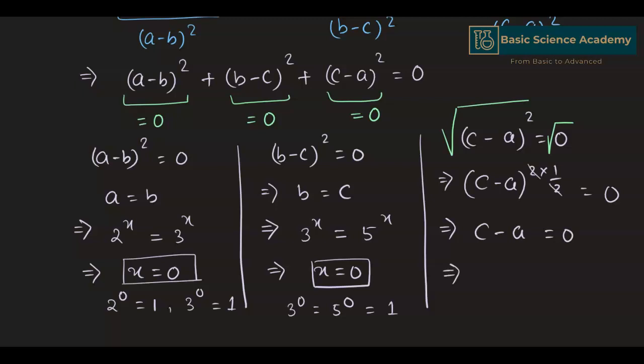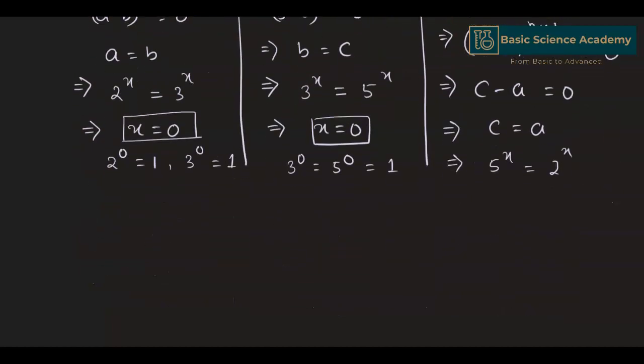So this gives us c is equal to a. Previously we have considered c as 5 to the power of x is equal to 2 to the power of x. And this is possible when x is equal to 0, because 5 to the power of 0 is equal to 2 to the power of 0 is equal to 1. Hence, in all these three cases, we got x is equal to 0. Hence, the answer is x is equal to 0.